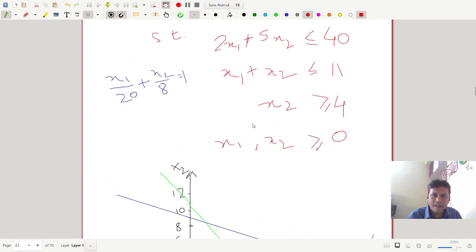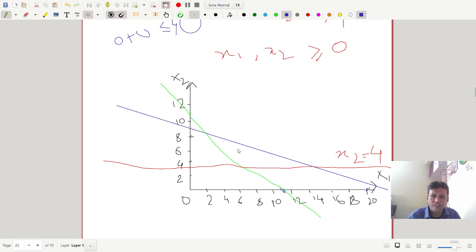Now look at 2x1 plus 5x2. If you replace them by 0, let's check whether they include the origin or not. That gives 0 plus 0 less than or equal to 40. So it includes the origin, and the arrows will be towards the origin.